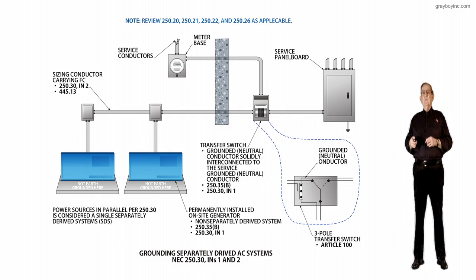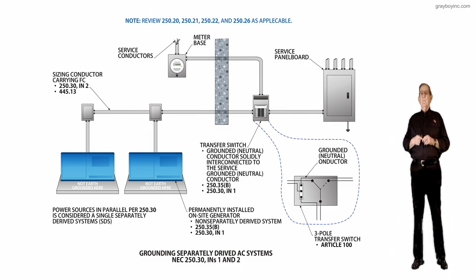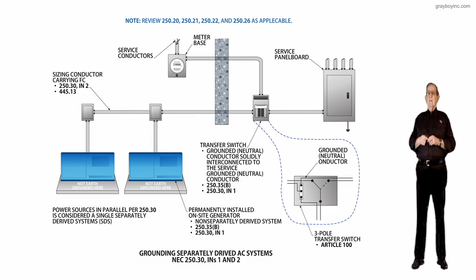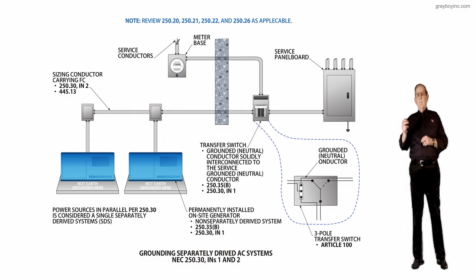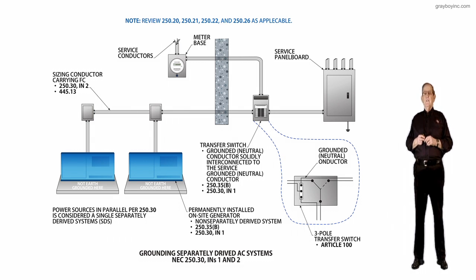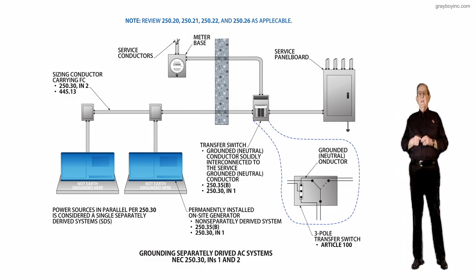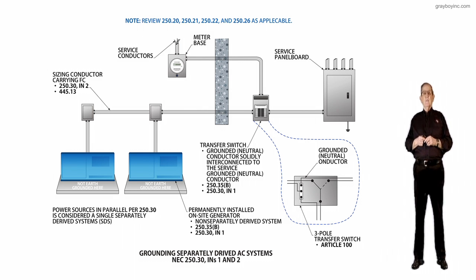Then you look at 250.35(B), as well as 250.30 Informational Note 1, to determine how you're going to ground that neutral at the transformer or at the service equipment and utility. Notice that's in the callout pointing to the transfer switch. And then we see permanently installed generators, and we give you the section numbers on that, the same as the transfer switch.